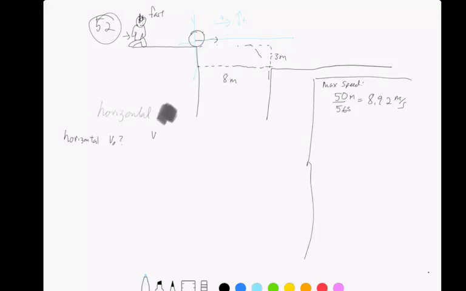So, what's to be done now? V0x is 8.92 meters per second. V0y, oh no. What if it's something wrong with my pen? I don't think so. Let me try redocking my pen. This is ridiculous.